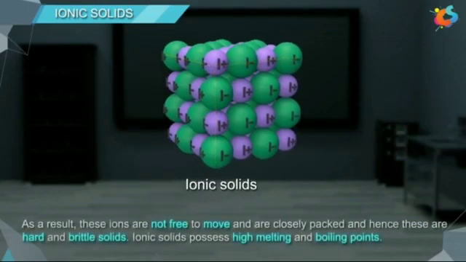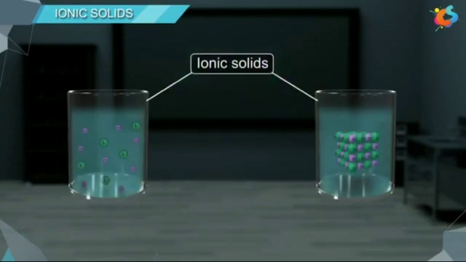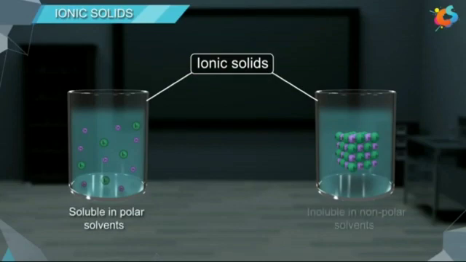As a result, these ions are not free to move and are closely packed, and hence these are hard and brittle solids. Ionic solids possess high melting and boiling points. Being ionic in nature, these solids are soluble in polar solvents like water, but insoluble in nonpolar solvents like ether.